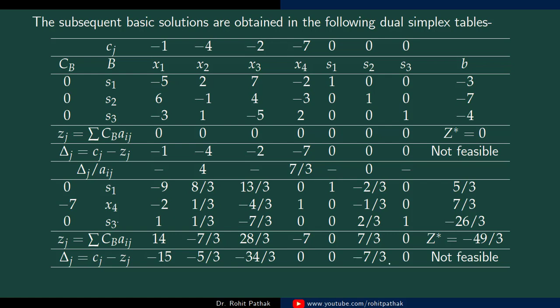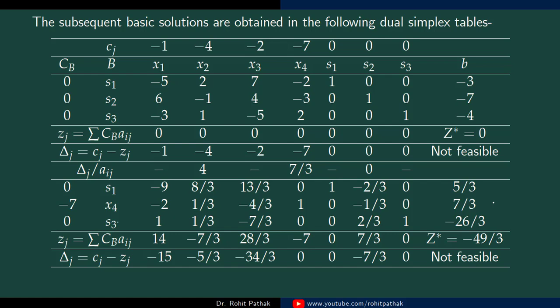So the net evaluation row is this, and we see that all the entries in the net evaluation row are less than or equal to 0. Okay. And if you look at all the entries, we see that here in this minus 26 by 3. So this solution is again infeasible. So again we get an optimal solution, but it is infeasible.